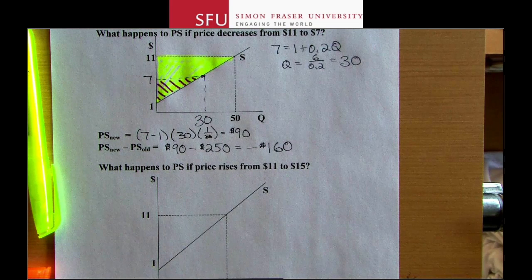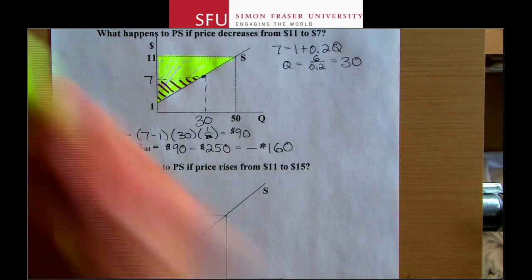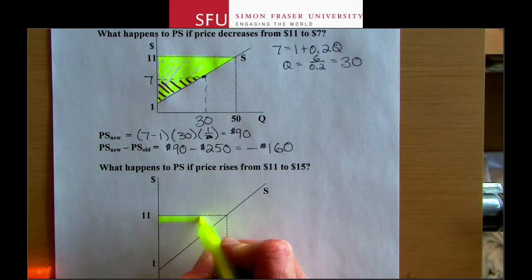Last one, price goes up. Okay, so $15 will be the new price. I'll start by coloring in the first surplus, though, before we show the new price.